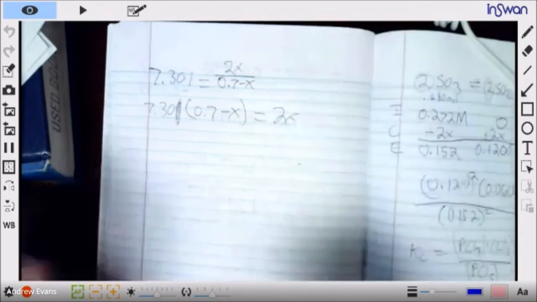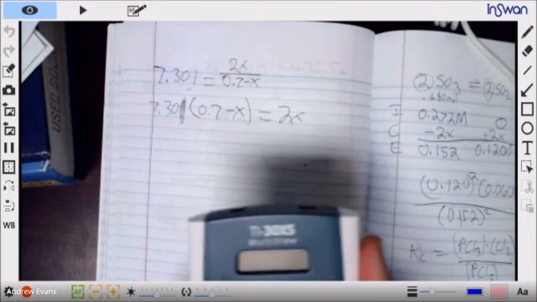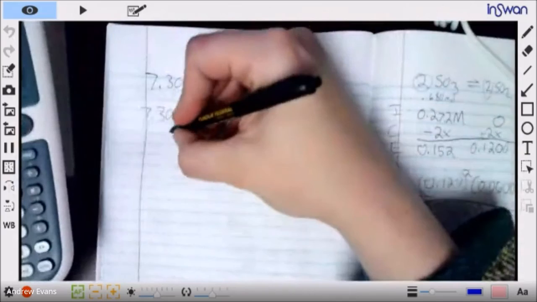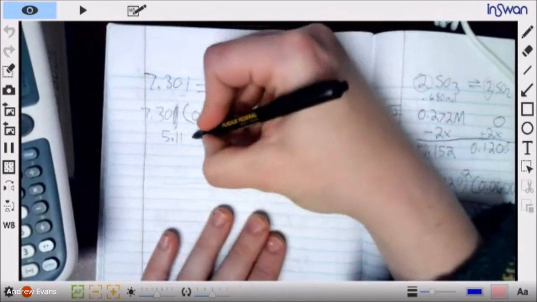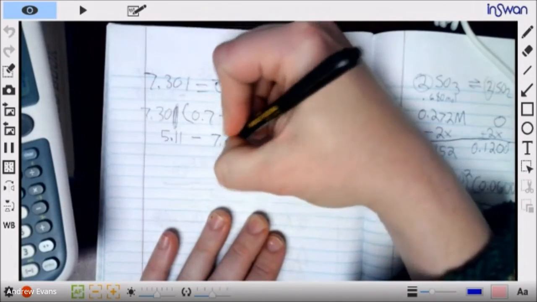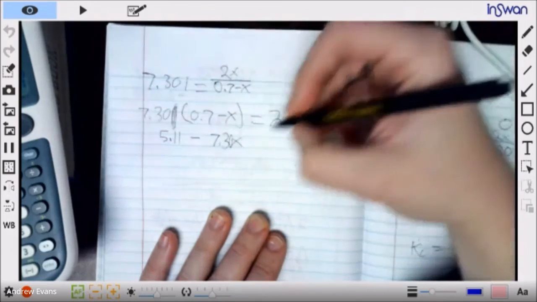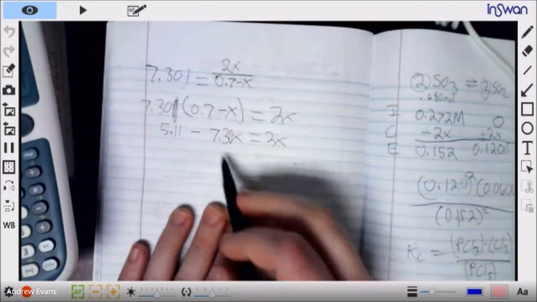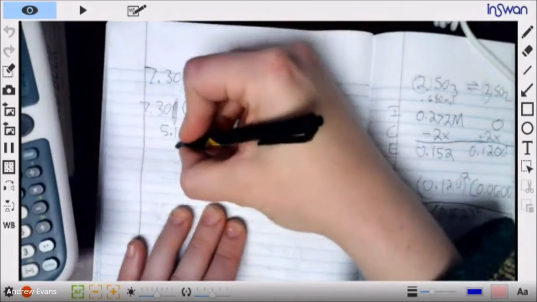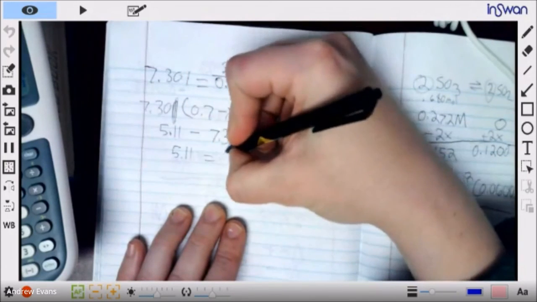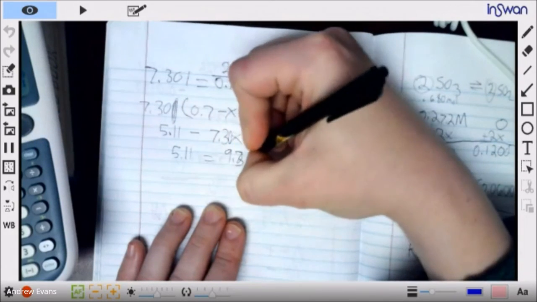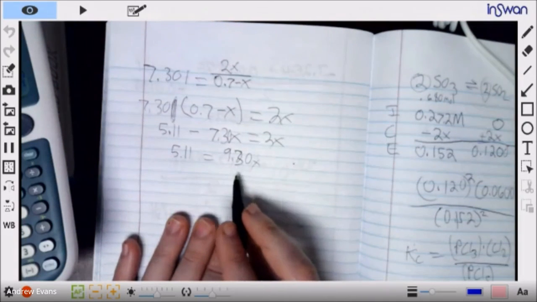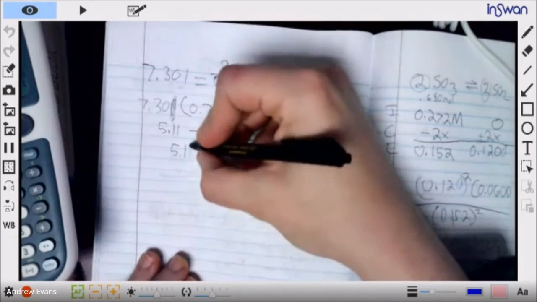Now evaluate. 0.7 times 7.3 is 5.11 minus 7.3x equals 2x. Now here's our pre-calculus. We add that to the other side. You get 5.11 equals 9.30x. So 5.11 equals 9.30x.